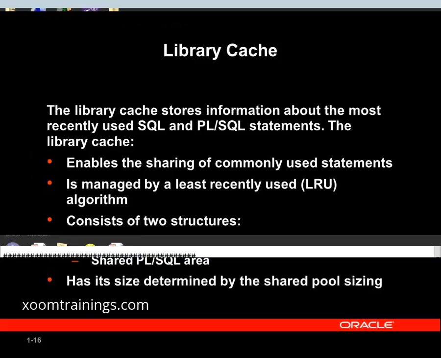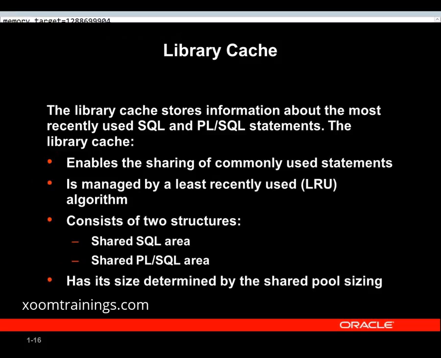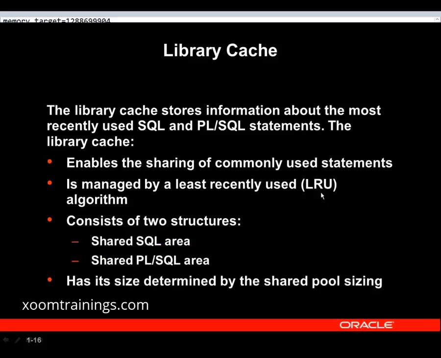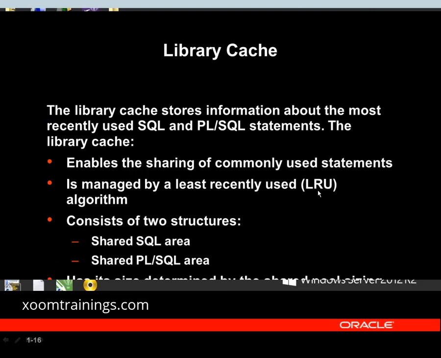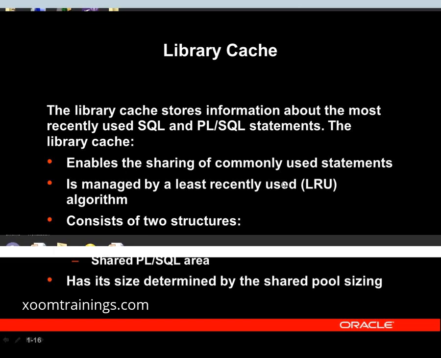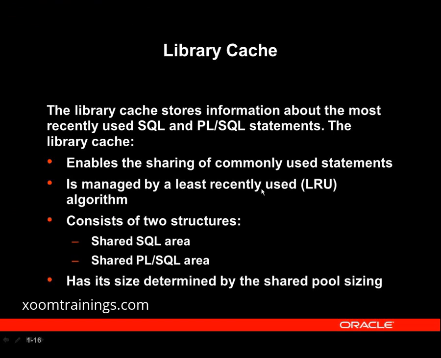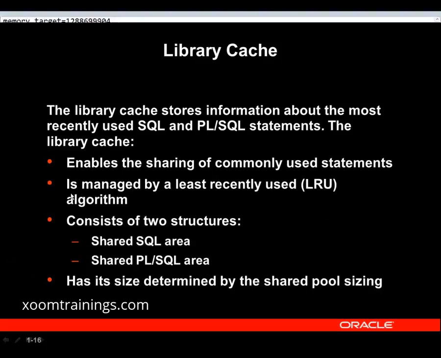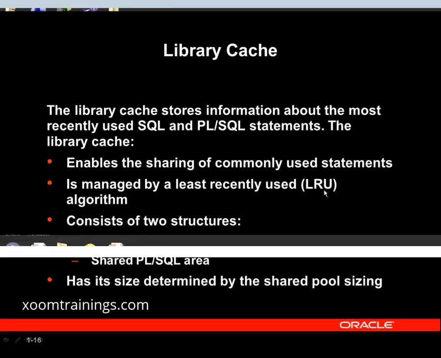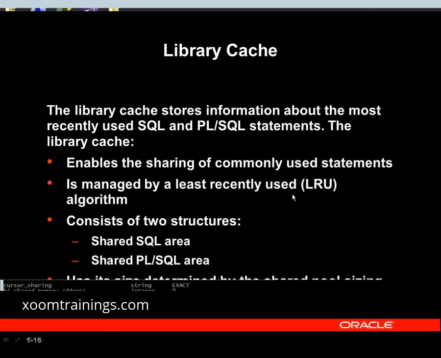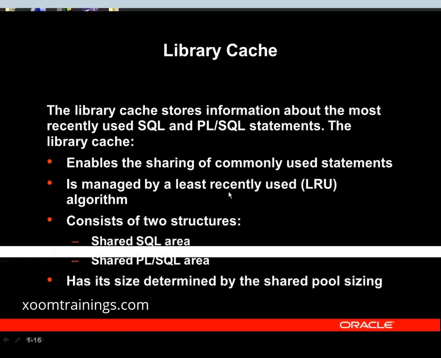One statement hits 4 times, then 3 times, and like this, the statements are managed according to the LRU algorithm, then 2 times and 1 time. Statements that are no longer in use in the library cache go out of memory, so the ones not used mostly go out, depending upon the size and the use of the statement.